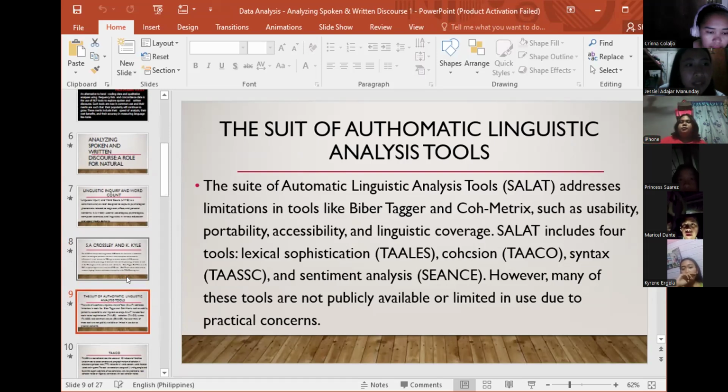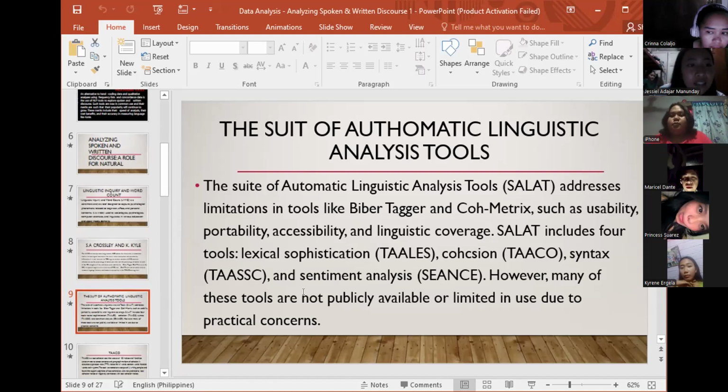The Suite of Automatic Linguistic Analysis Tools, or SALAT, addresses limitations in tools like Coh-Metrix and TAALES, such as usability, portability, accessibility, and linguistic coverage.